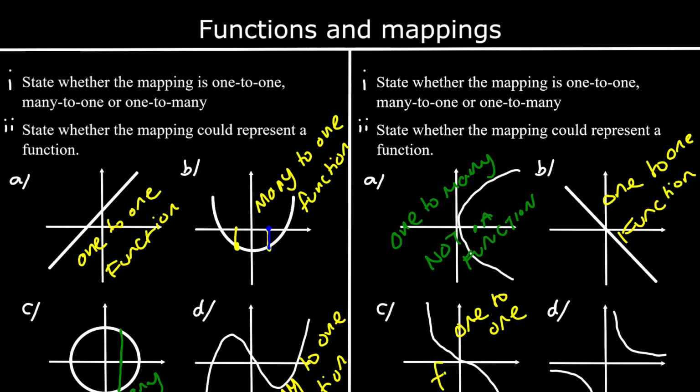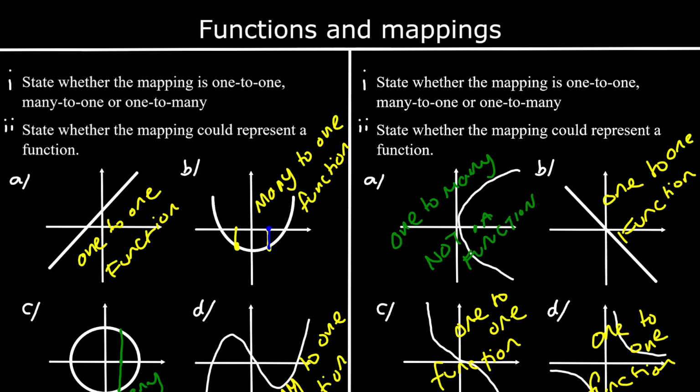So it's a 1-to-1 function. And part D, again, we have 1-to-1. You can't draw a horizontal line through and intersect twice.